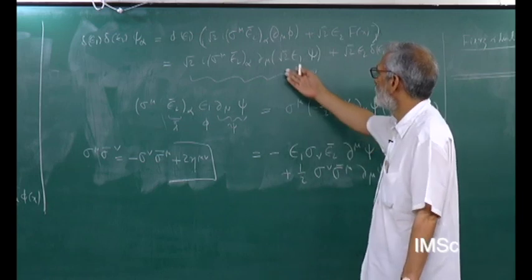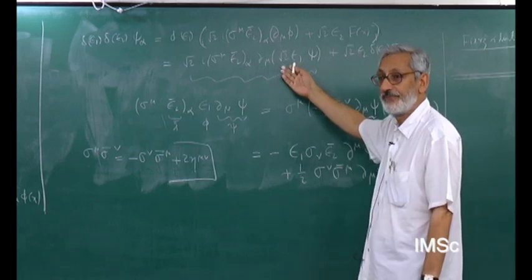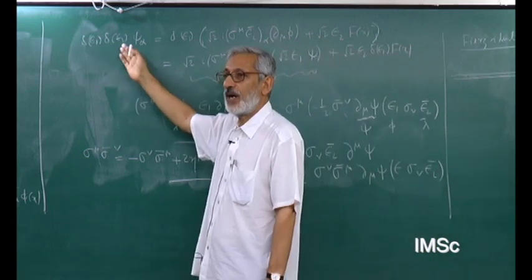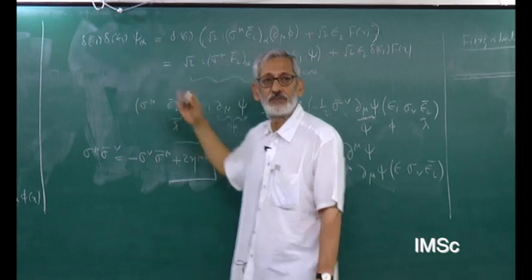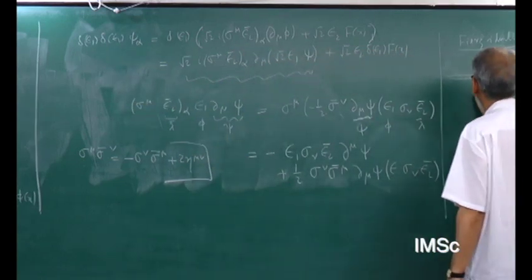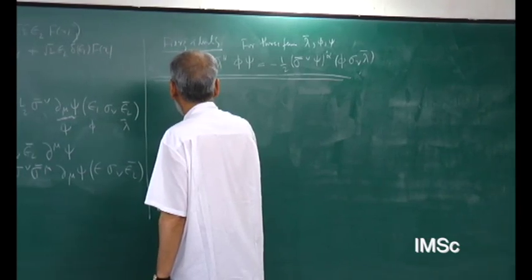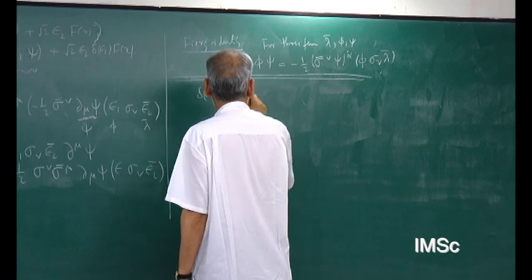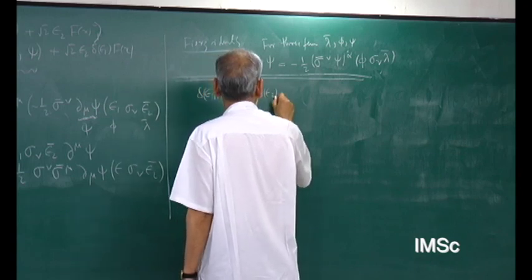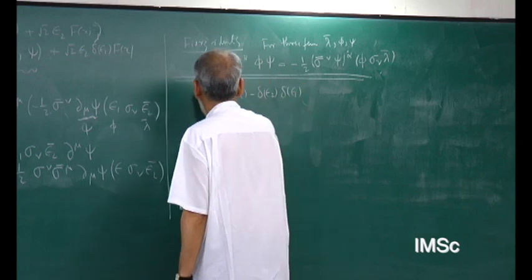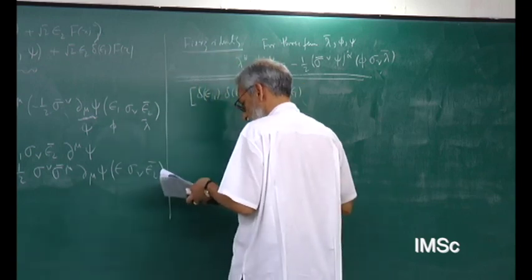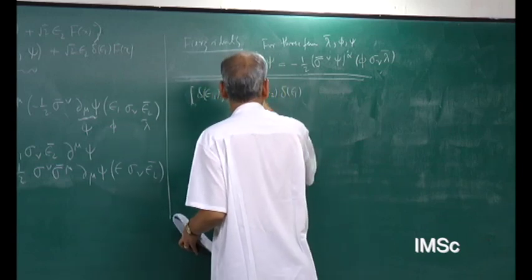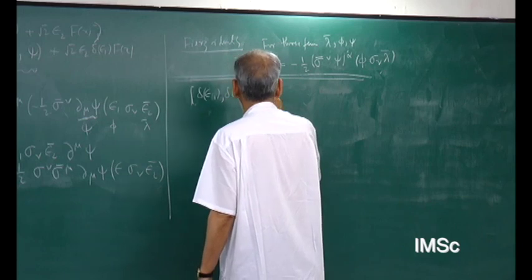Now substitute this here. And then do the same thing with epsilon 1 and epsilon 2 interchanged and subtract. So what do you get? Delta epsilon 1 delta epsilon 2 minus delta epsilon 2 delta epsilon 1, or let me put a commutator here. Commutator of this acting on psi alpha.